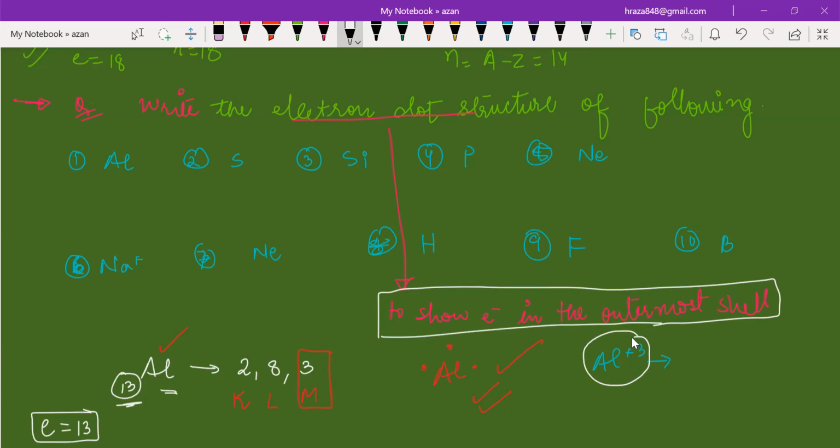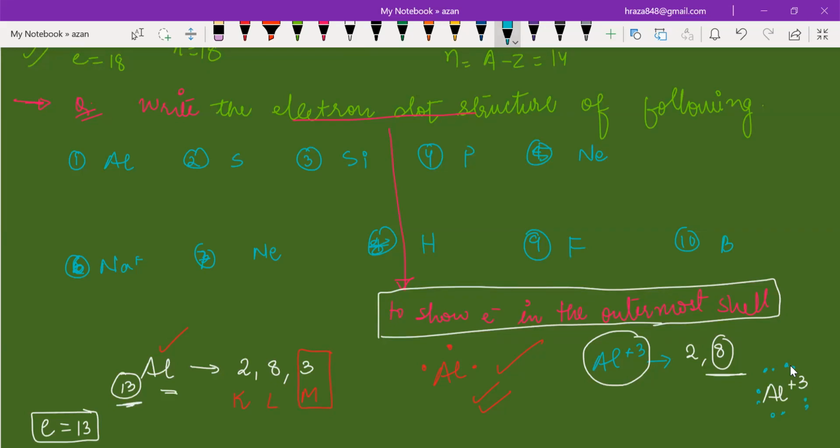Sir, 10. So in the first shell 2 go, and the second shell 8 electrons will go. So according to this configuration, now Al plus 3 has 8 electrons in the outermost shell. So Al plus 3 will have electron dot structure like 2, 4, 6, 8. Got it?